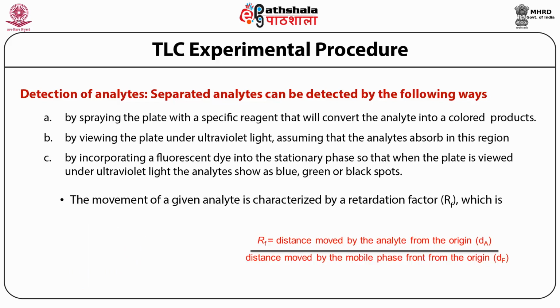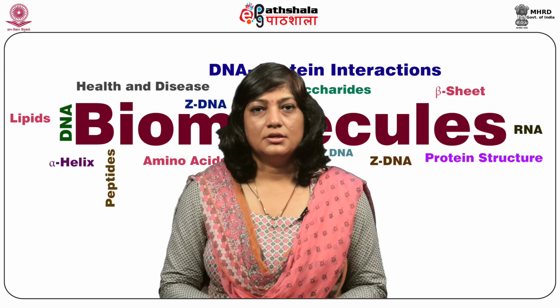By measuring these distances, you can easily calculate the retardation factor of these spots, compare it with a reference or a control that you have run on the TLC plate, and then identify the individual lipids.